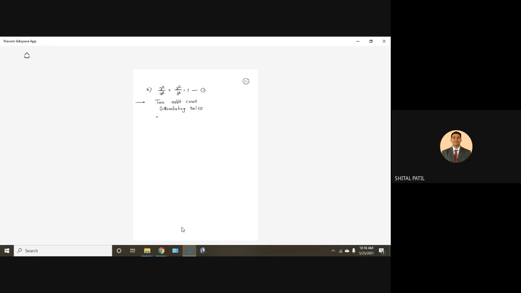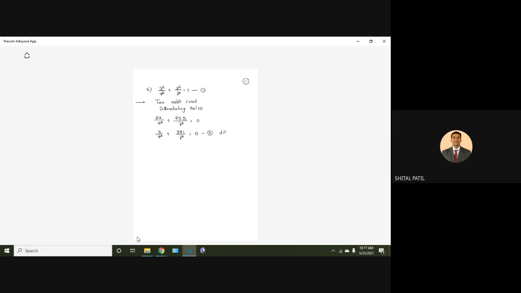So, the derivative of x square is 2x divided by a square, plus what is the derivative of y square? 2y, and the derivative of y is y1, divided by b square, equal to the derivative of 1, which is 0. We can simplify this by cancelling 2. So x upon a square plus y y1 divided by b square equal to 0. Equation number 2.